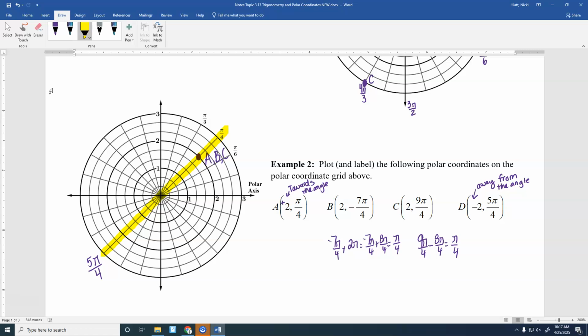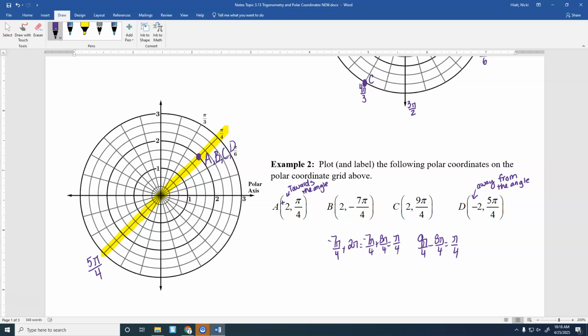So when you have a negative radius, what it's telling you is to start at the pole, and rather than going towards 5 pi over 4, which would be like this point right here, we're going to start at the pole right there and go away from 5 pi over 4. And if I do that, out to right here, still at the same point, right? All 4 of those points are at the same location.